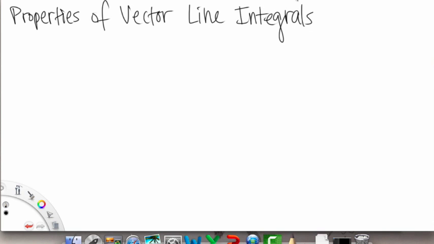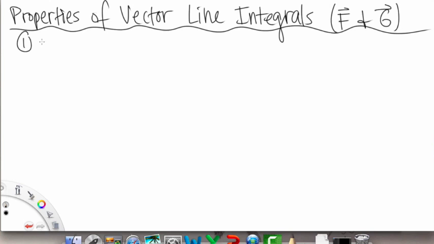So for vector line integrals, let's say the vector fields are f and g. Okay, so these are vector fields. And so the first property, pretty important, is linearity. Okay, and this means two conditions.